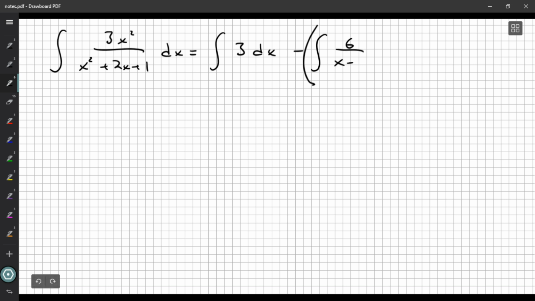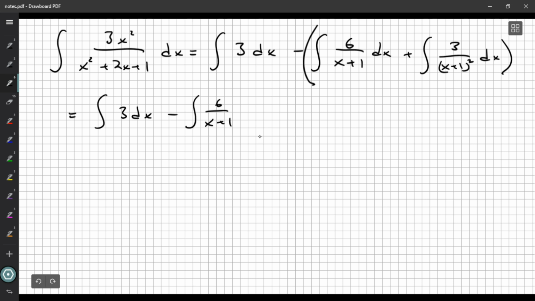So 6 over x plus 1 plus 3 over x plus 1 squared. So 3 dx minus 6 over x plus 1 minus, because the minus sign should distribute, 3 over x plus 1 squared. And now we're all set.